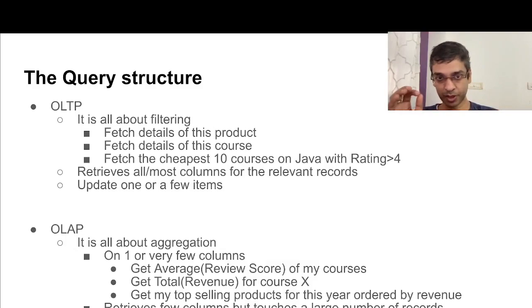So if you now see the query structure, it is very fundamentally different, right? I'm always going to retrieve a few columns, but I'm going to touch a large number of records. I'm going to touch all transactions for this year in the last query. In the case of average review score, I'm going to actually touch all the reviews for my courses, across years. But I'm only going to touch one column.